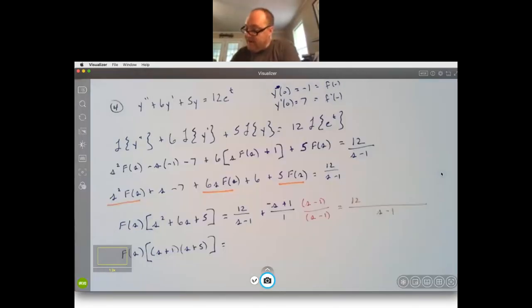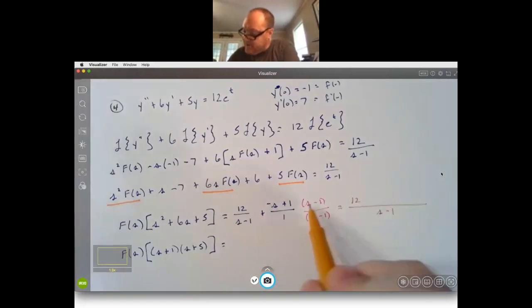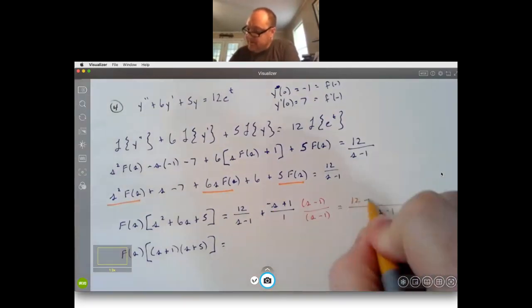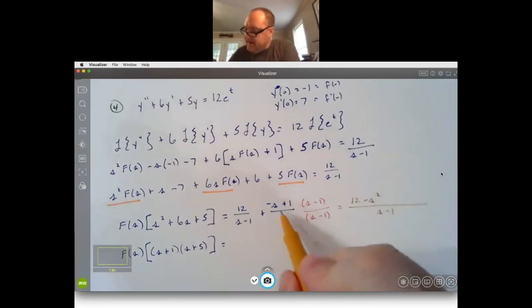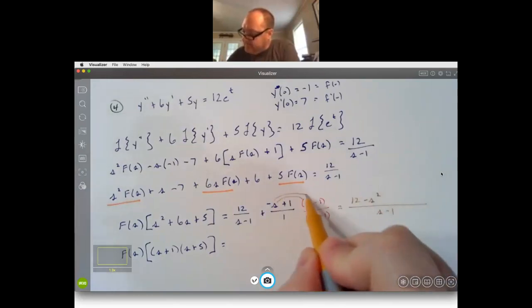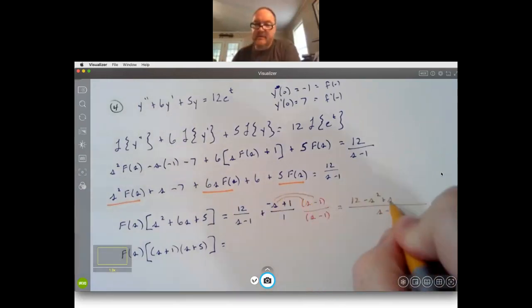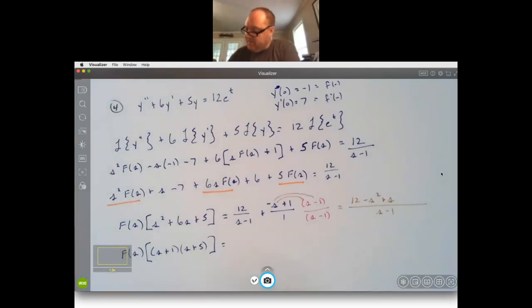Okay, so when I foil out here, I have negative s times s is negative s squared. Negative s times negative 1 is positive s. 1 times s is positive s. And 1 times negative 1 is negative 1.